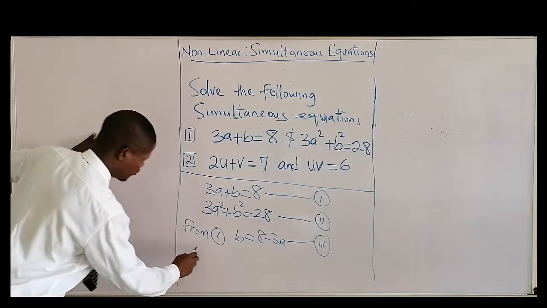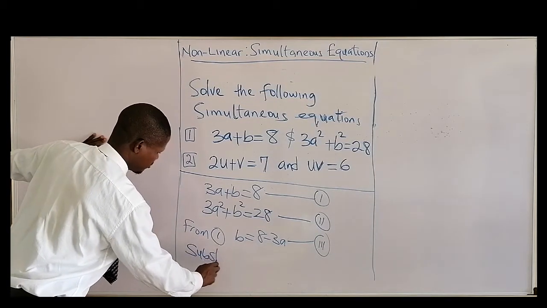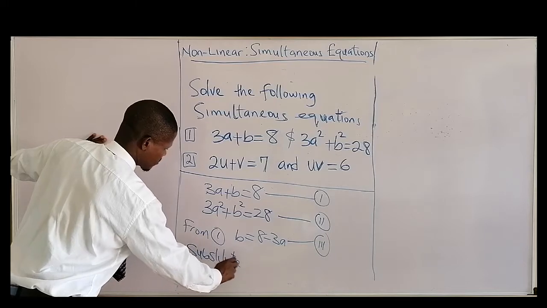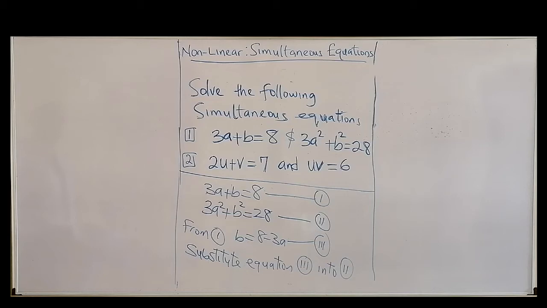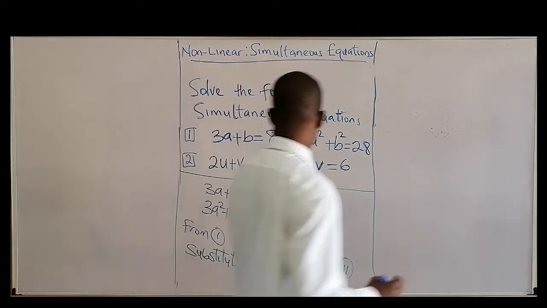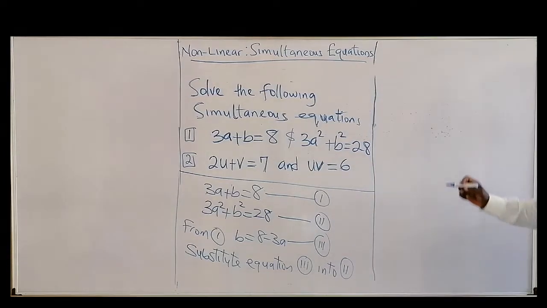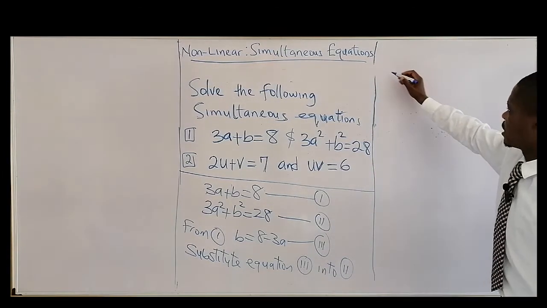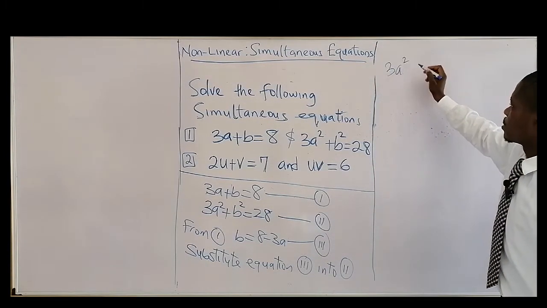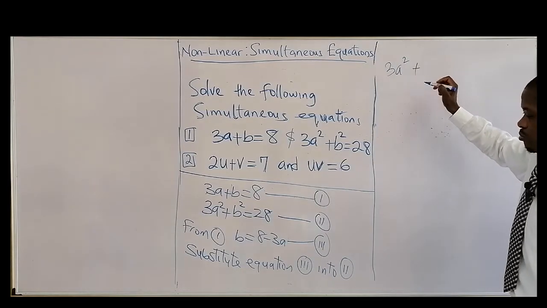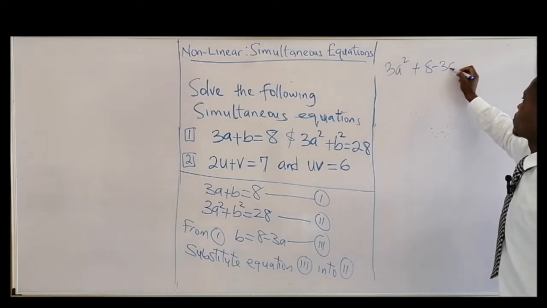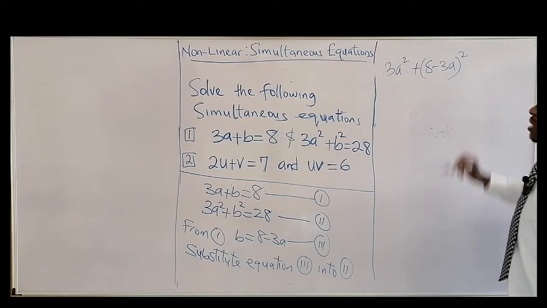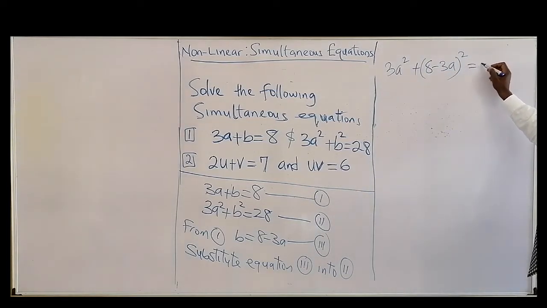So substitute: plug in 3 into 2. That will now give us 3a squared plus, anywhere you see b, you put 8 minus 3a. So that's b squared, squared, equal to 28.